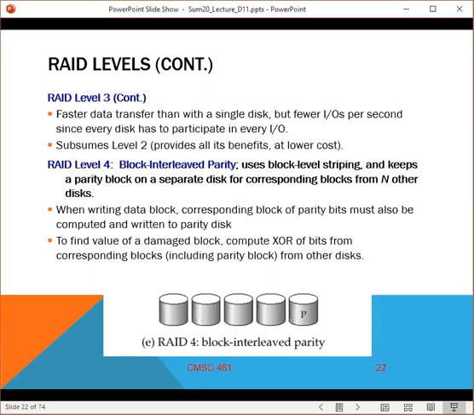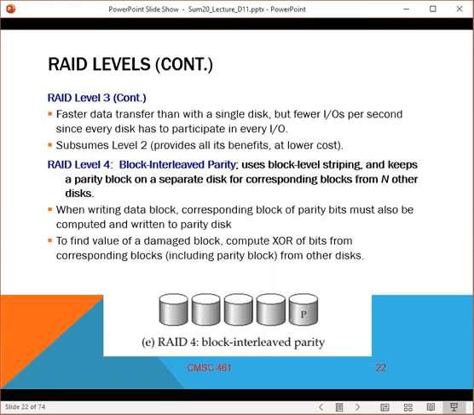RAID levels 4 and 5 are similar to levels 2 and 3, but in these cases, the individual disks are not synchronized and they operate independently of each other. The stripes are much larger than we have in levels 2 and 3.